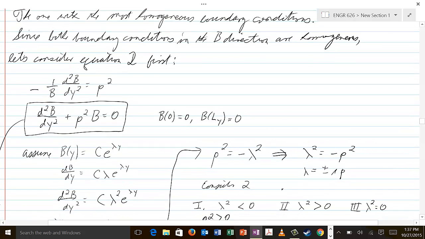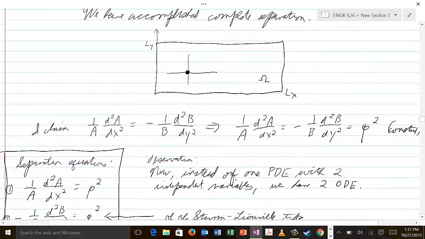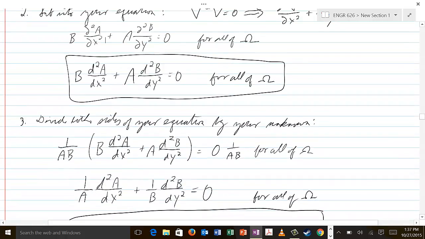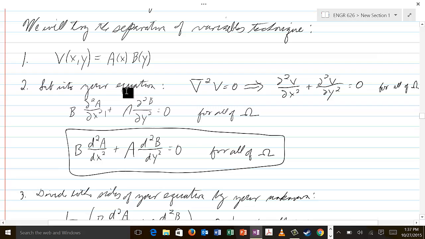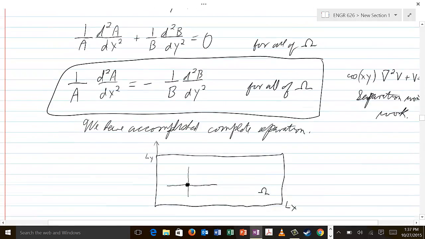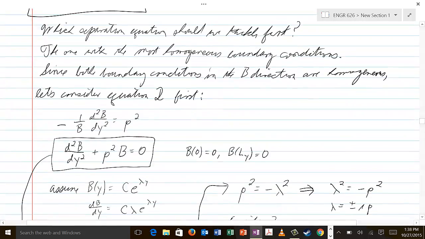But remember, v is equal to a times b, and so if b is always 0, then v would always be 0. We would have the 0 solution for our problem, and that would not match up at the right and left boundaries.